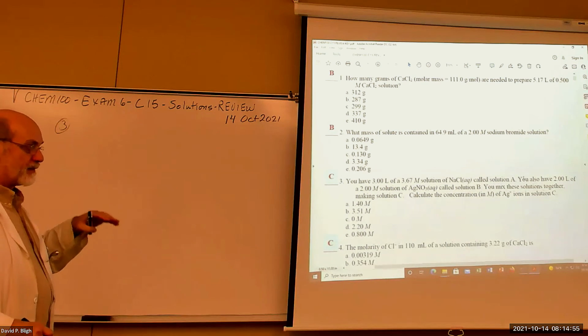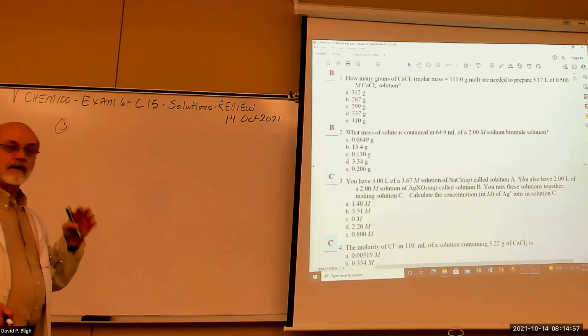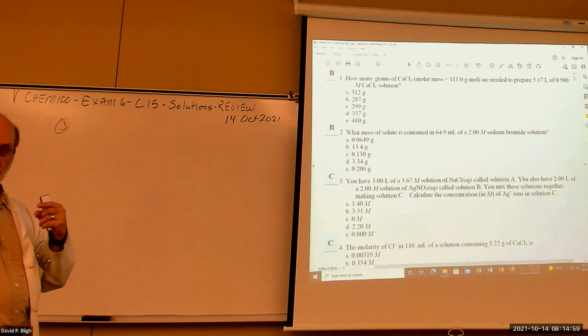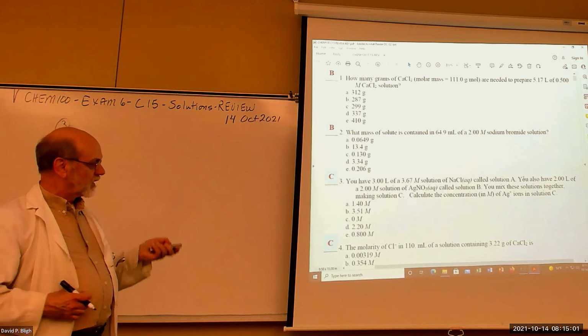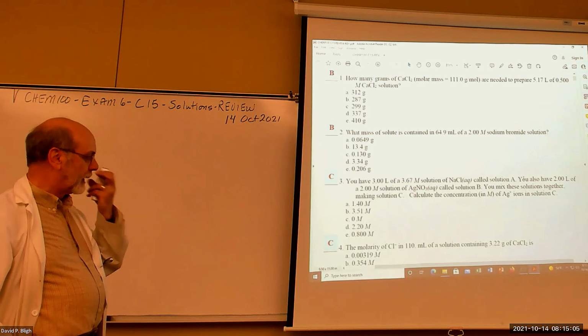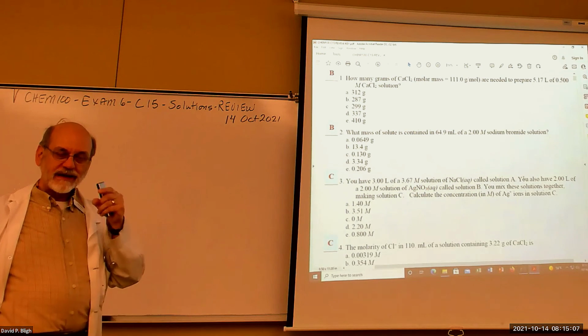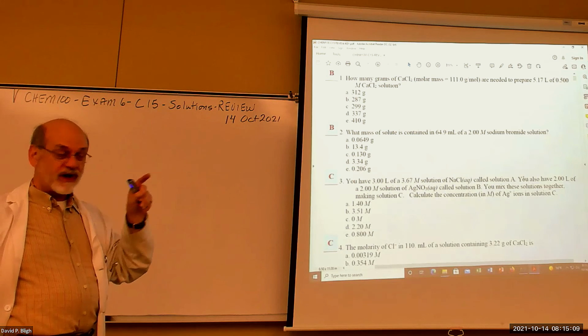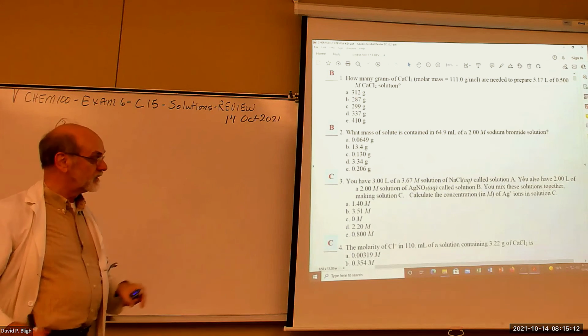Okay. This takes several steps. First of all, you're going to combine 2 solutions of these compounds, sodium chloride and silver nitrate. So we need a balanced equation to express that reaction.